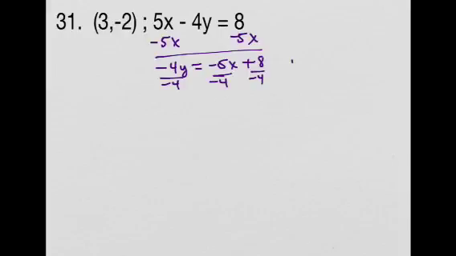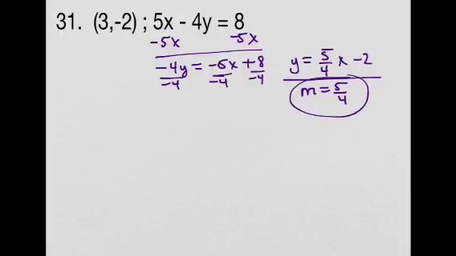So then that gives me y equals 5/4 x minus 2. So this is the equation of this line in a different form, right? But from that we can find the slope. So m is 5/4. That's the key number there that we're looking for.